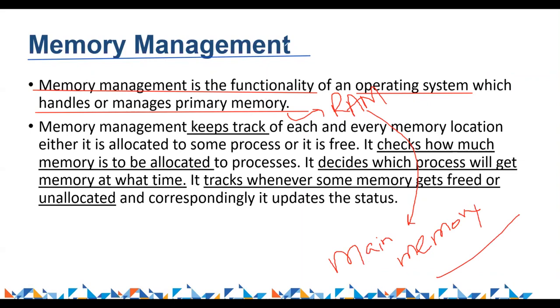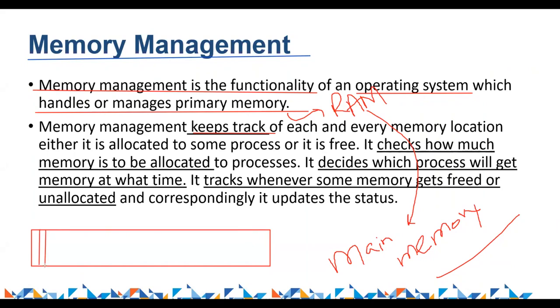In this functionality, the operating system will keep track of each and every memory location, because our main memory is divided into multiple memory locations. Every single location or part of the memory where bits can be stored is called a memory location. Remember, a memory location can be any place where bits can be stored.